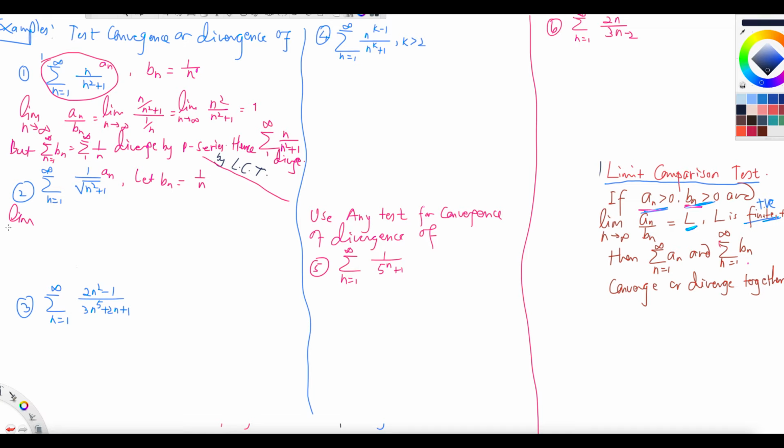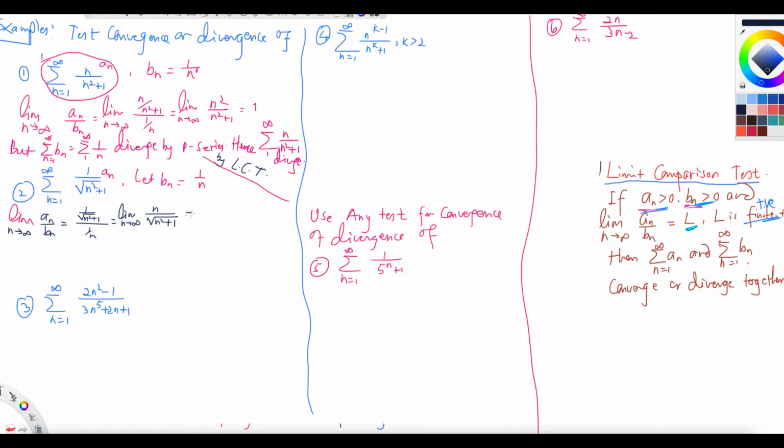So the limit as n tends to infinity on the second problem of an over bn. Here an is 1 over root of n squared plus 1, divided by bn, which is 1 over n. This can be written as the limit as n tends to infinity of n over the root of n squared plus 1.